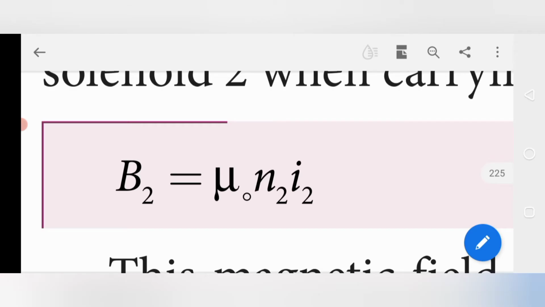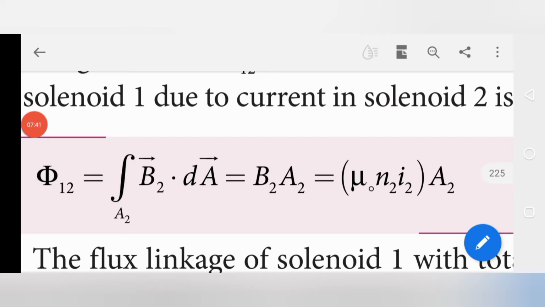Then we have to find the magnetic flux value. One condition is there: this magnetic field B2 is uniform only inside solenoid 2, but it is almost 0 outside solenoid 2.